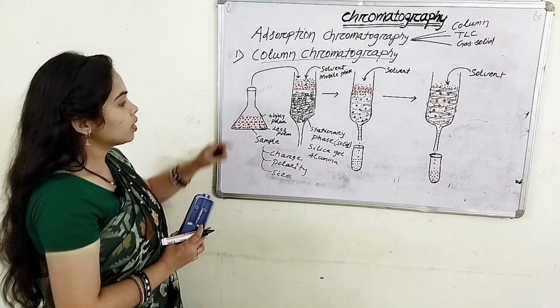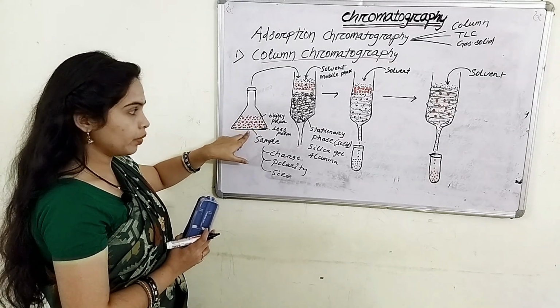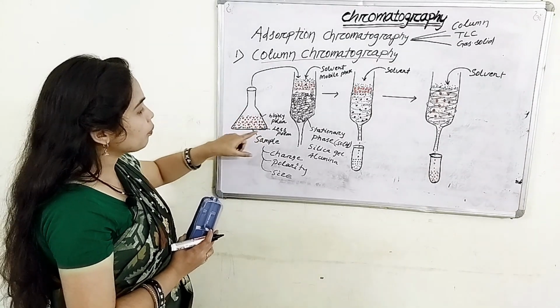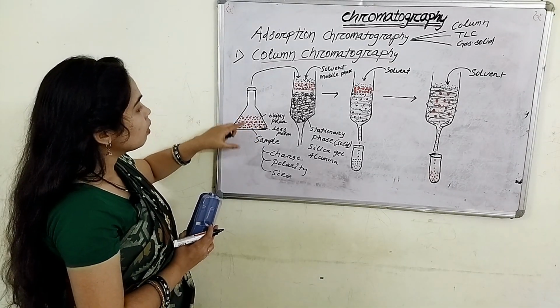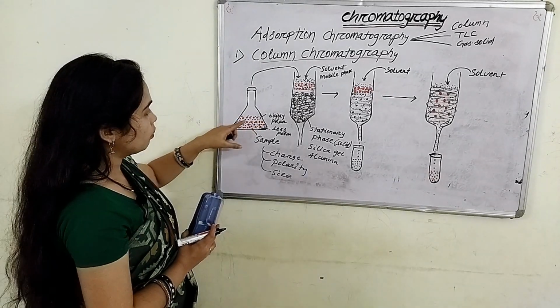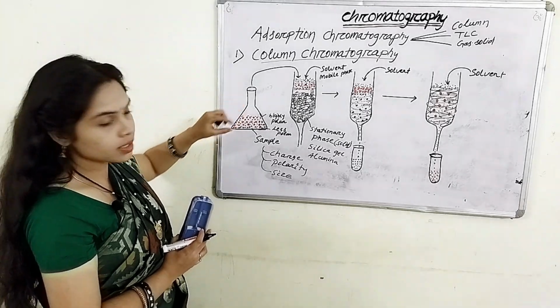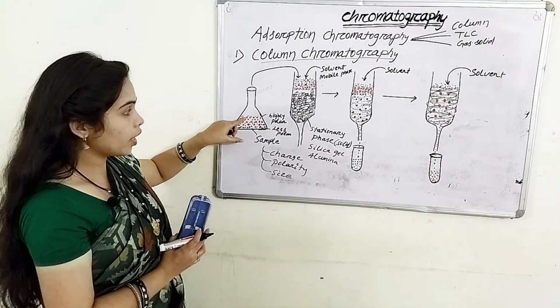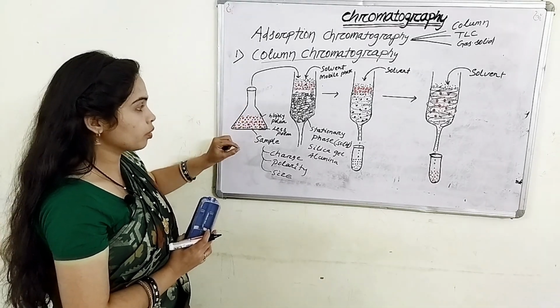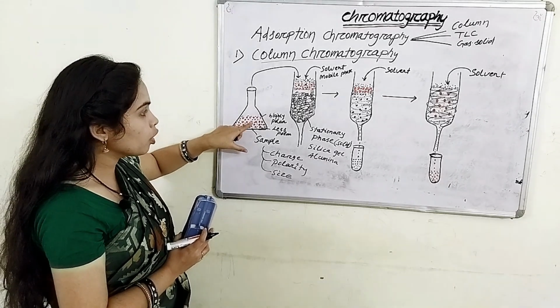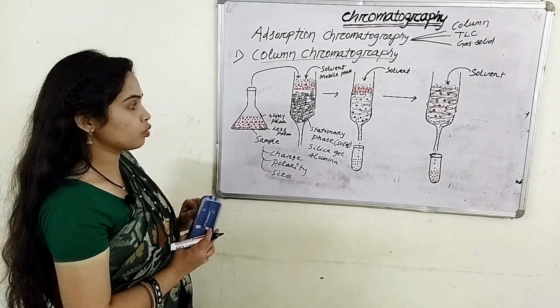Let's say this is one sample, and this sample constitutes so many molecules. You can see here the red molecules. For an example, we are taking this red molecule is highly polar molecule, and this blue color small molecules are less polar molecules.